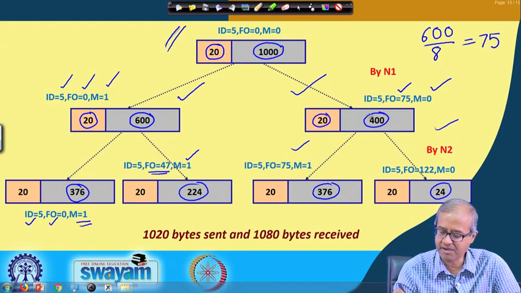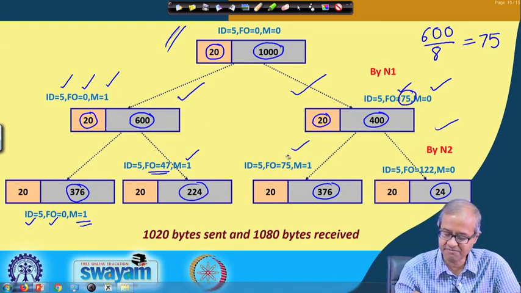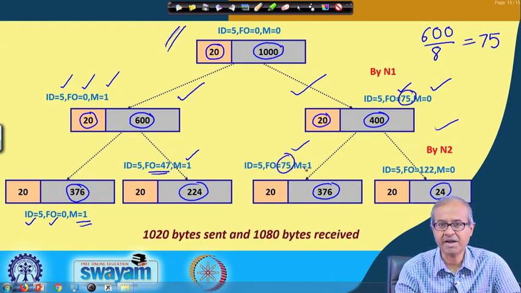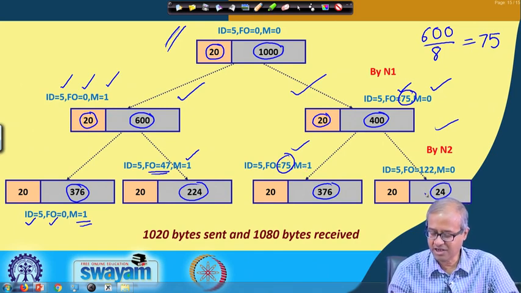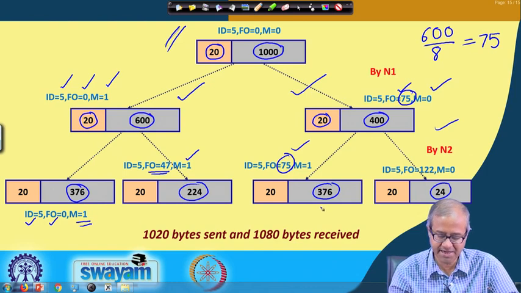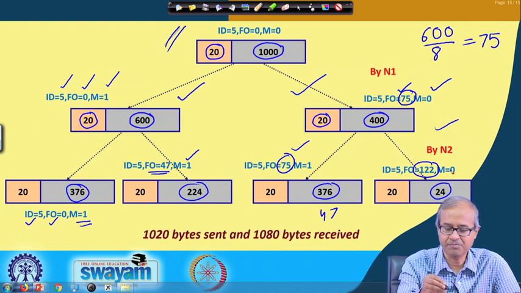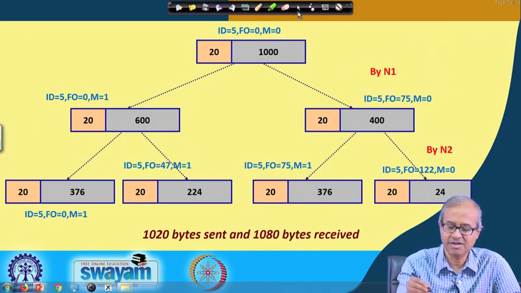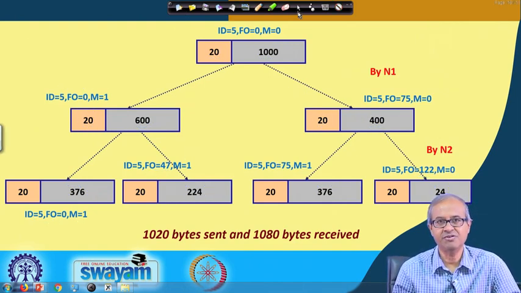The first one will have the same offset of 75, with more packets, M equal to 1, and the last one will have, you see, 376 divided by 8 is 47, and 47 plus 75 is 122. It will have an offset of 122, and this is the last fragment. So, this is how the packets are all generated when a packet is fragmented.